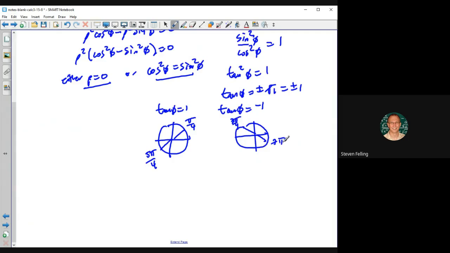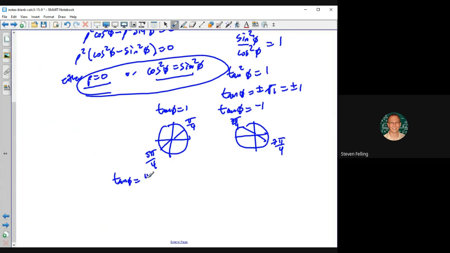So another way of writing this equation would be to say it's equivalent to saying phi equals pi over 4, or 3 pi over 4, or 5 pi over 4, or 7 pi over 4.